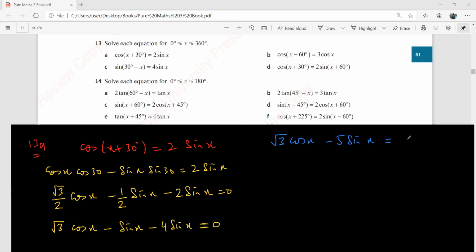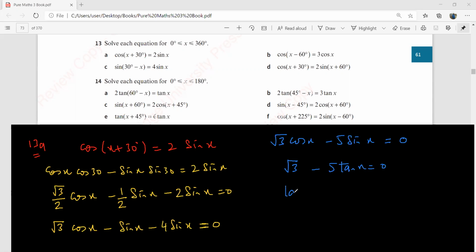We have reached the situation where we should recall that now we need to divide the whole equation by cos x, because you have a term in cos x and a term in sin x. So it's a typical situation where you divide both sides by cos x. So this is root 3, this one is minus 5 tan x.